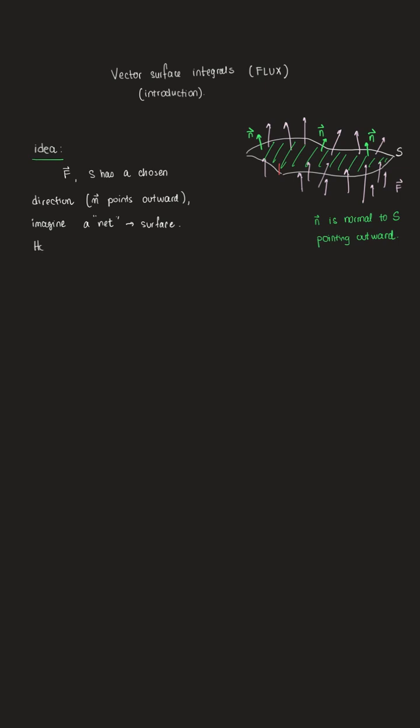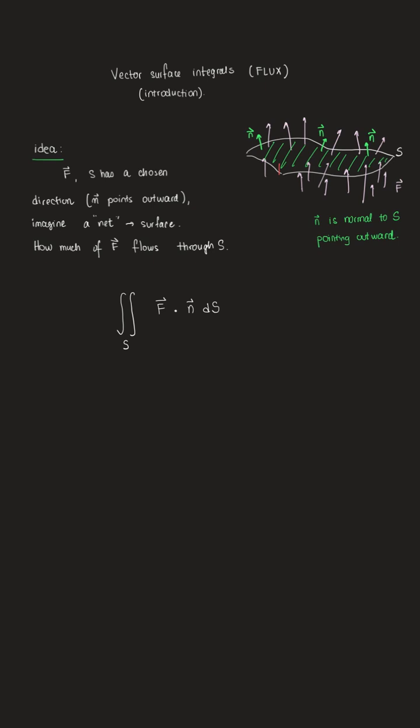So how much of F flows through the net? That's just a very general idea. So flows through our surface S. And we define this vector surface integral as a double integral over our surface, and we take our vector field and take the dot product with the normal to the surface times a little area element.